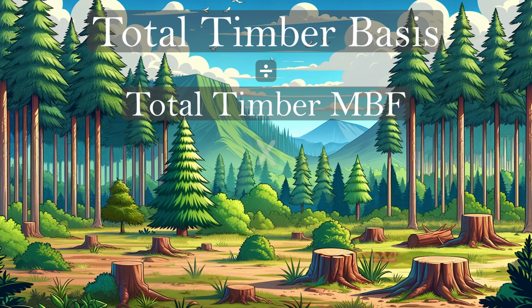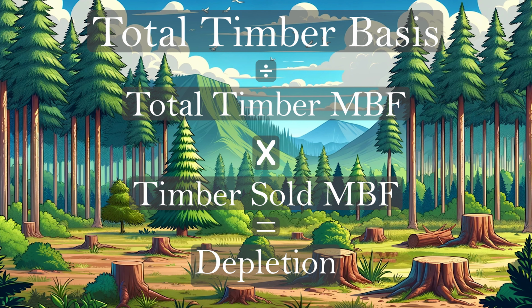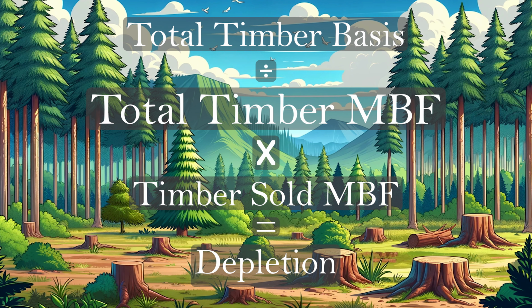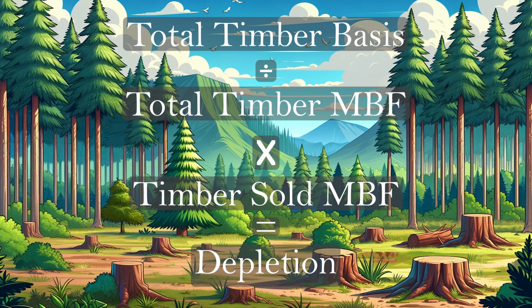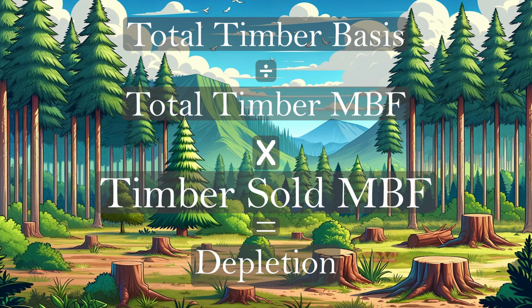For timber investors, it is so very important to allocate basis to timber when you purchase it, and then keep track of the growth, or at a minimum, estimate growth each year, so that when logging activity happens, they are not forced to scramble to determine the three variables of depletion, which are timber cost, the original timber cost and any additional capitalized costs you have along the way, available MBF prior to logging, and the amount of MBF logged in the current year.